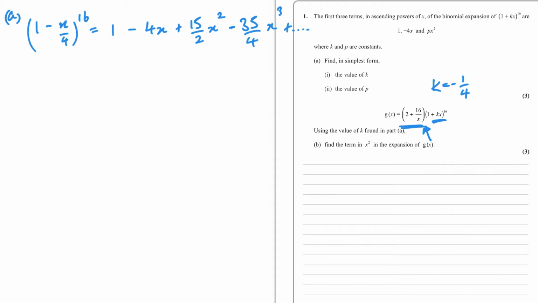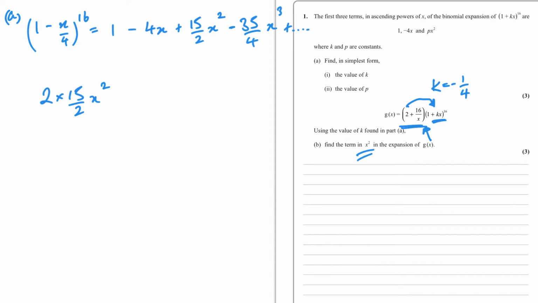So now let's think of the expansion. So I want the x squared, so I want 2 times whatever gives me x squared. So if you look up here, here's my x squared term, 2 multiplied by this. So I've got 2 multiplied by that 15 over 2x squared.